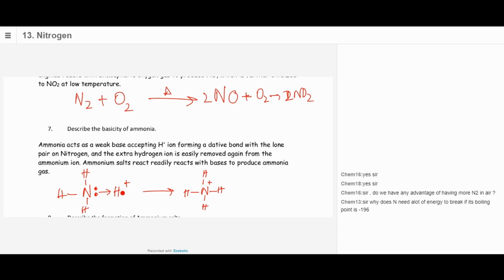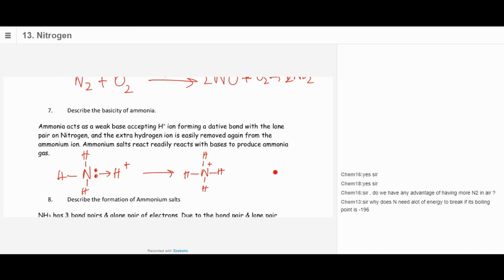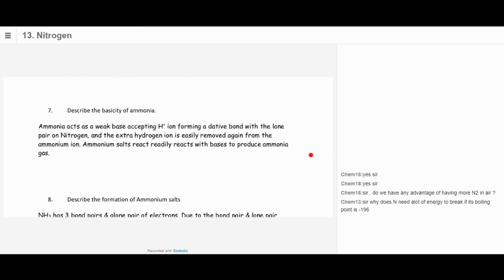This is the reason why ammonia is basic. Ammonia itself is acting as a base, right? And also these ammonium salts can easily react with bases to form ammonia gas. I think we have discussed this under tests for cations and anions as well.